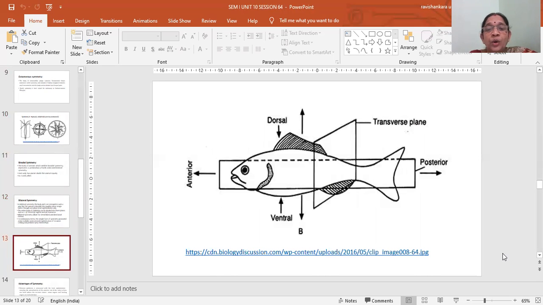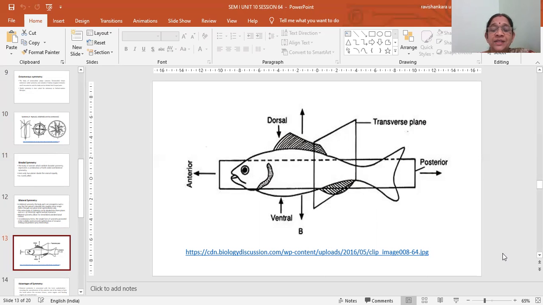So here we have a chordate typically which can be divided into two equal halves, either dorsoventrally, anteroposteriorly, or in transverse planes. Anterior posterior axis can run from anterior to posterior side, dorsal to ventral side.